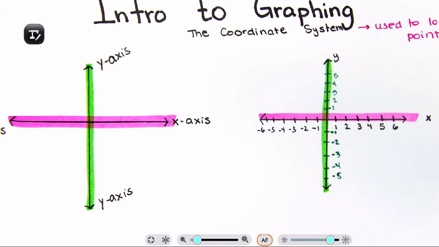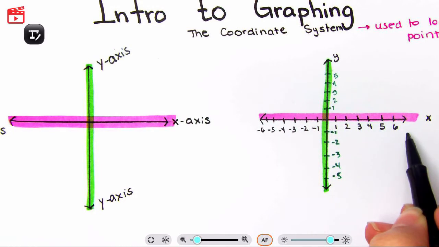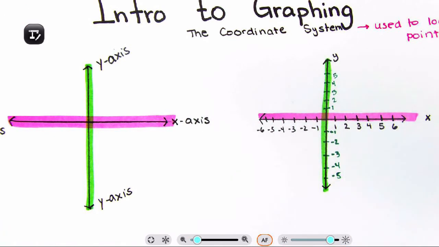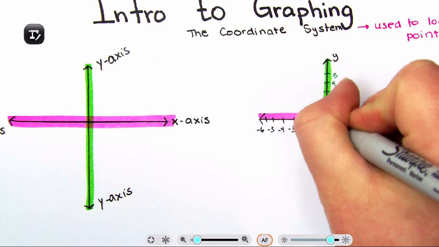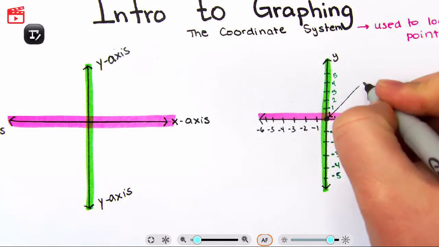If you notice, this goes 1, 2, 3, 4, 5, gets bigger; this goes smaller. This goes bigger; this goes smaller. And right in the middle, at the intersection of your x and y, this point right here is called your origin.